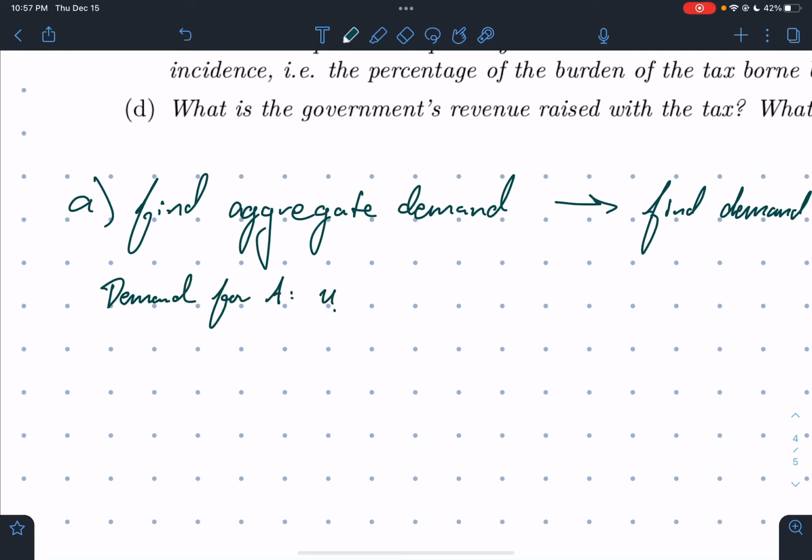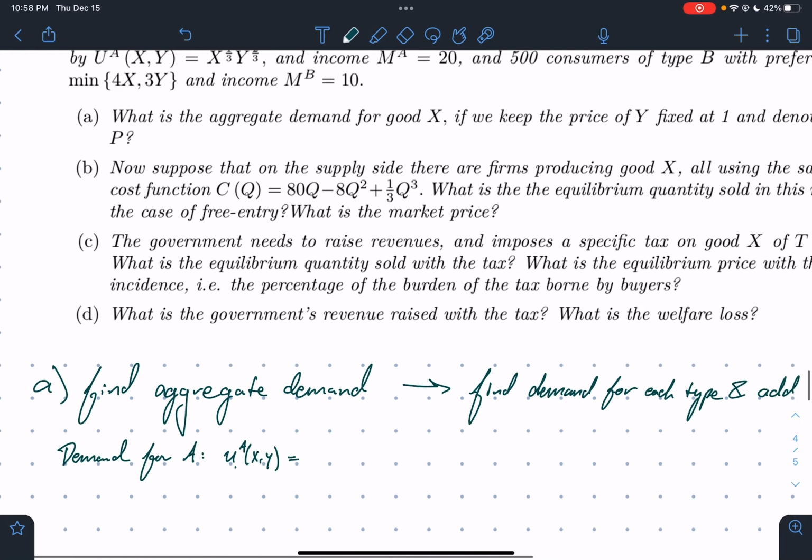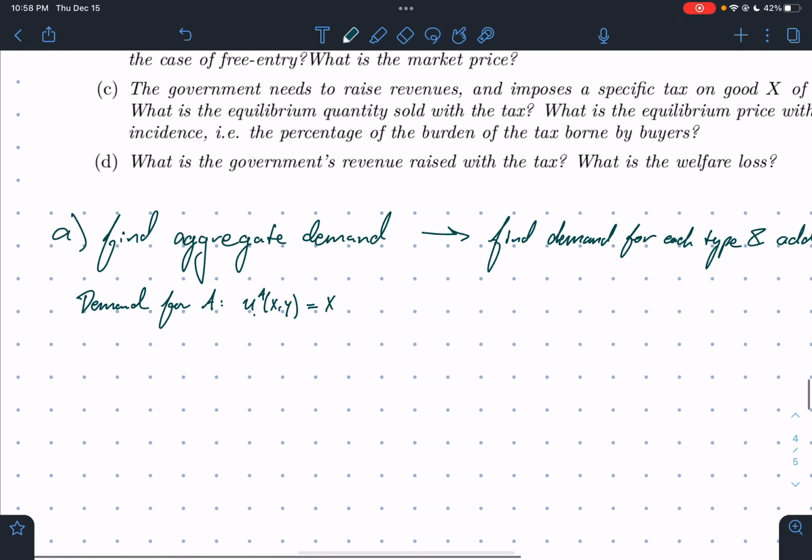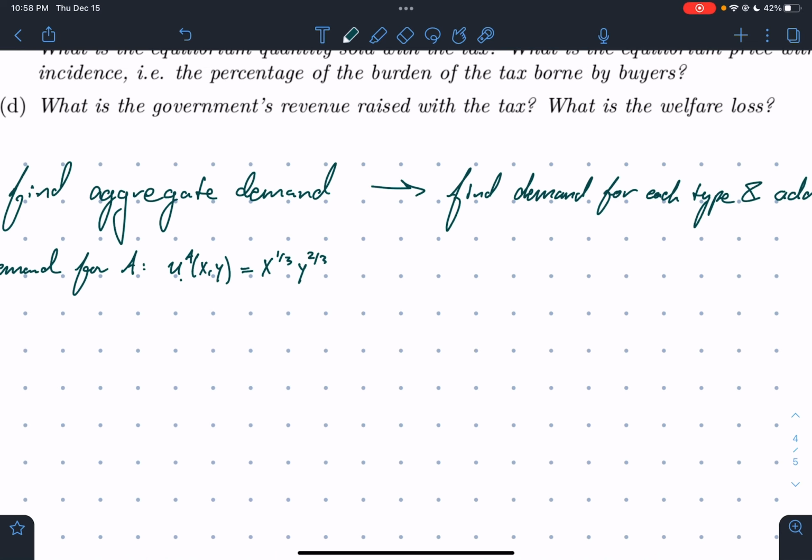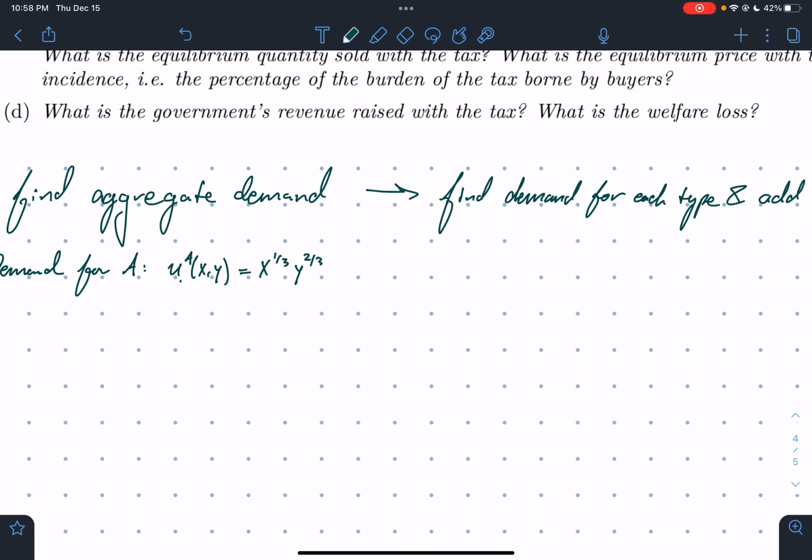So we have UA of x and y is equal to x to the 1/3 times y to the 2/3. Okay, so what we're going to do here is use tangency.